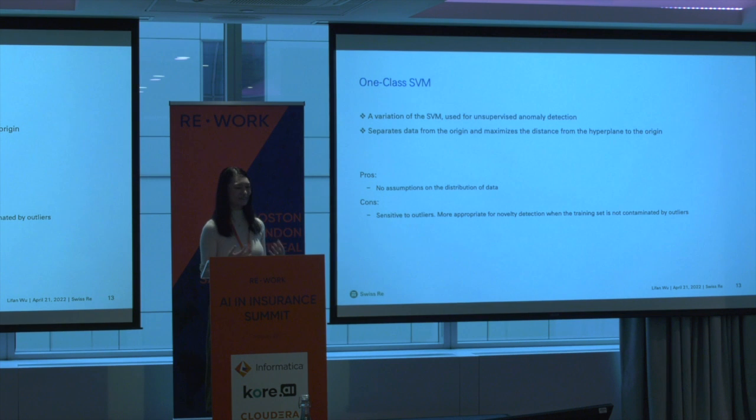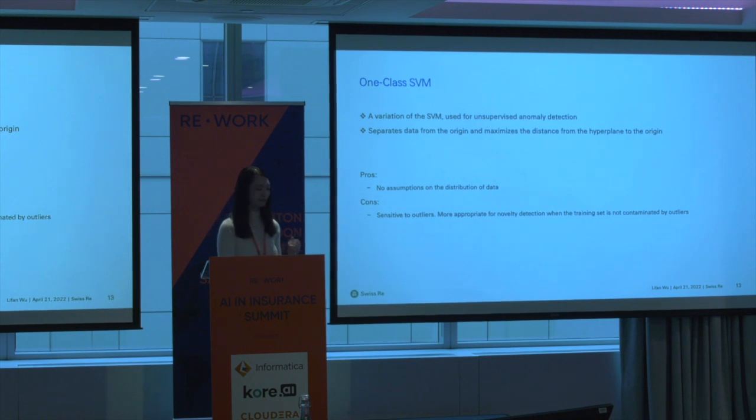It differs from our traditional classification problem in the sense that all the training data has only one class, that is normal. So in this case, we are not learning a hyperplane that separates different classes, but it's trying to separate data from the origin. So if we find new data that doesn't work well with our model, it just says, okay, this is out-of-sample data, or out of normal data, and it is an anomaly.